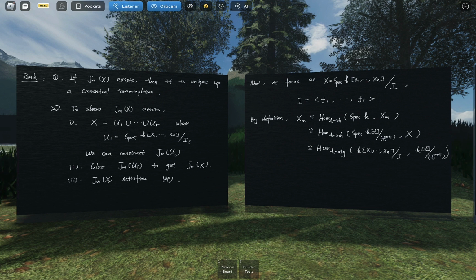Right, so this will be the set of m-jets.